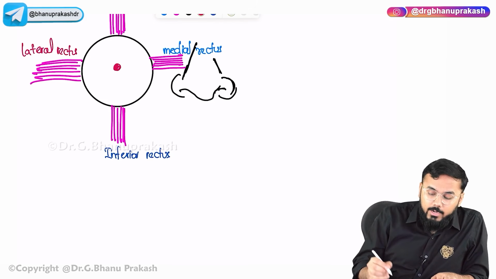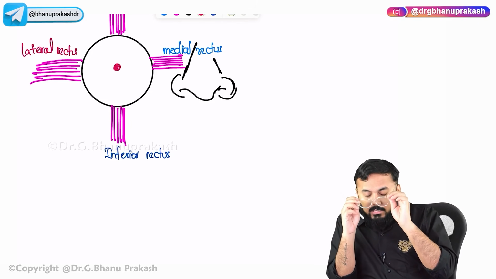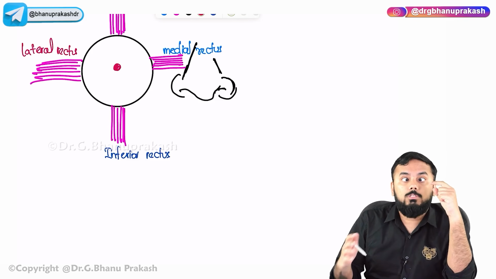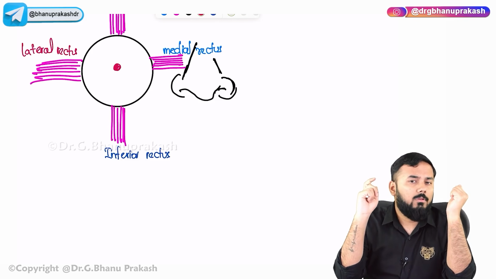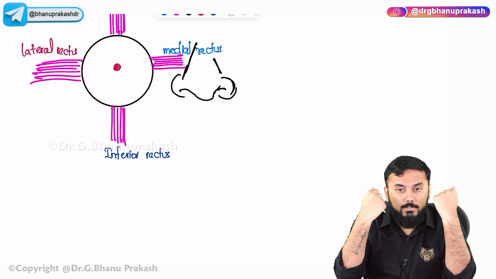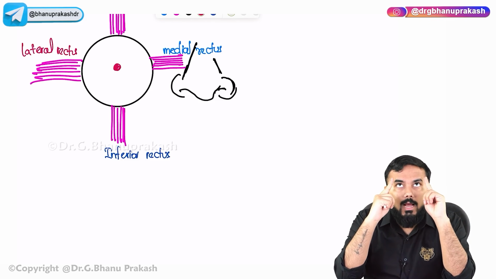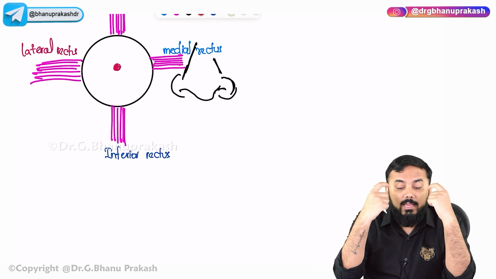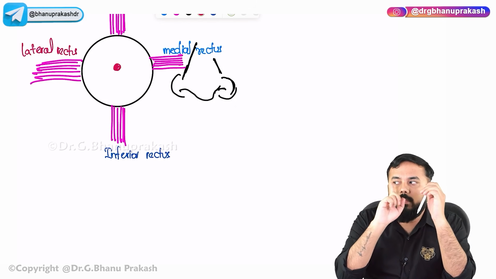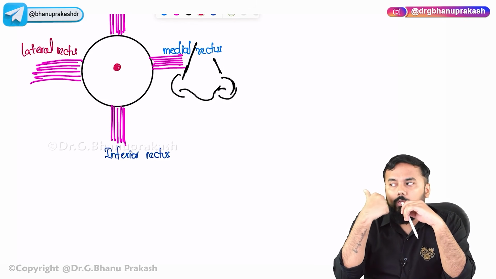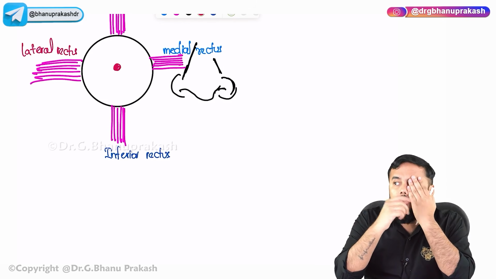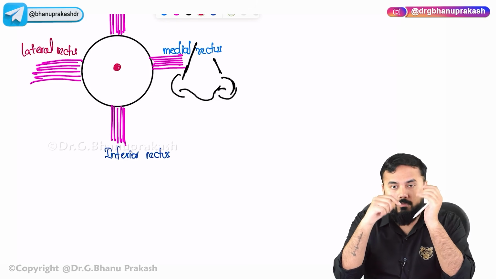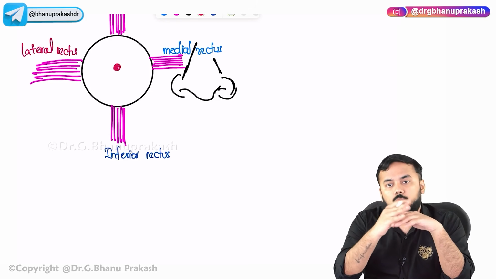If I am contracting medial rectus, both my eyeballs are looking towards my nose in this way. If I am looking up, it is because of superior rectus. If I am looking down, it is because of inferior rectus. Look at my right eyeball looking to the right, it is because of my lateral rectus which is located over here. So every muscle has its own action.